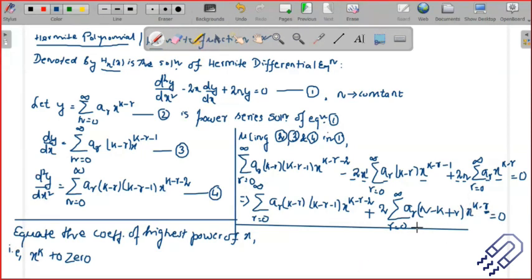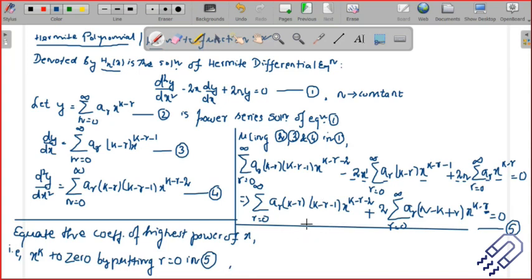So that means if I mark this expression, we have marked up to 4, so let's mark an expression, otherwise it will be confusing. So let's mark this expression as 5. So this is 0 by putting r equals 0 in 5, right? It's quite obvious.